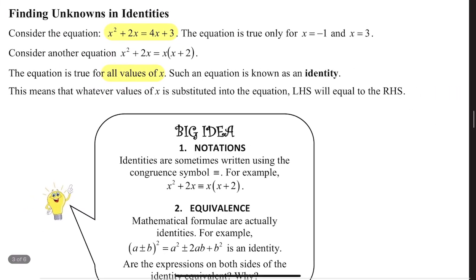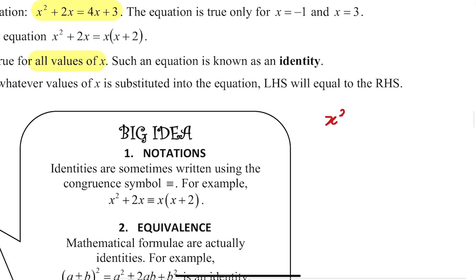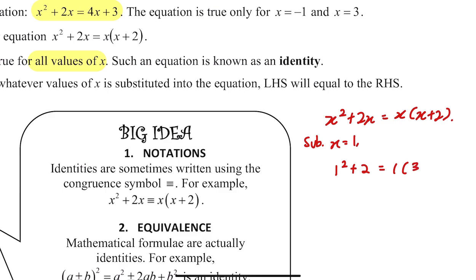Let's say x squared plus 2x equals to x times x plus 2. Let's say I sub x equals to 1. I'll get 1 squared plus 2 equals to 1 times 3. Then this will hold true, because the left side here is 3 and the right side here is equal to 3.